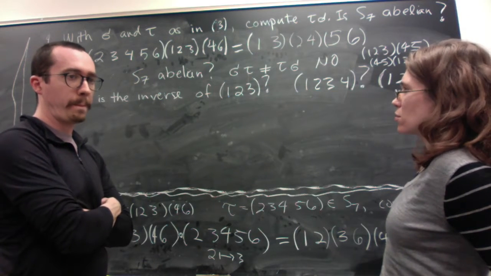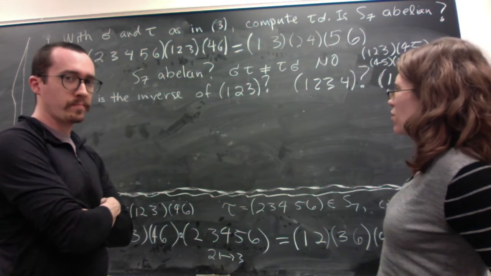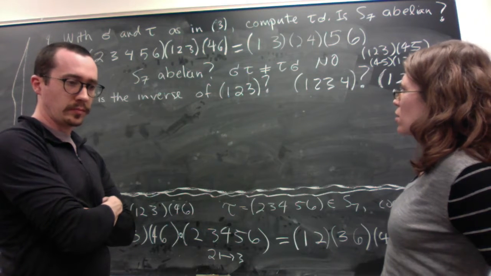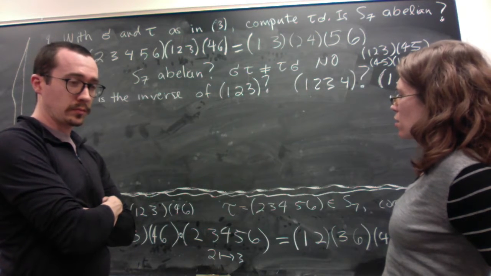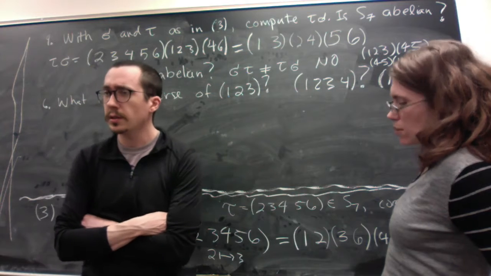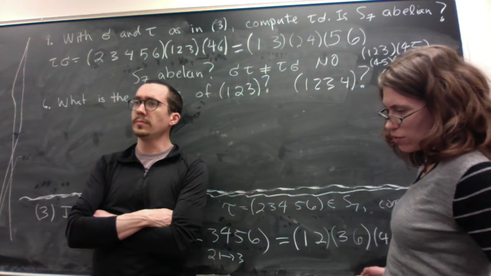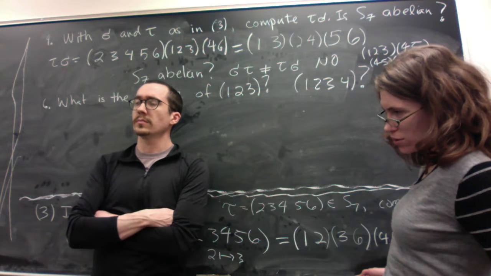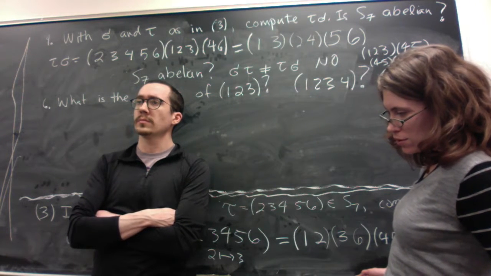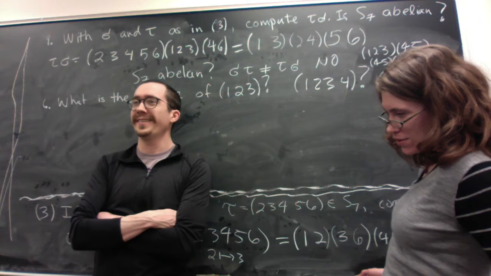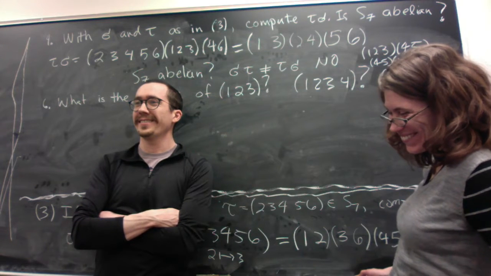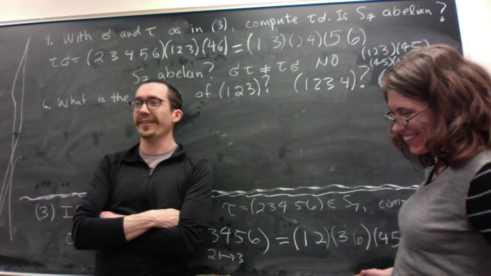Okay, cool. Is it possible for cycles that aren't disjoint to commute? Is the identity disjoint from everything, or is it disjoint from nothing? I don't know.